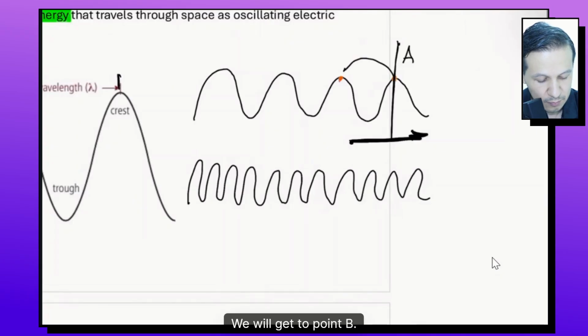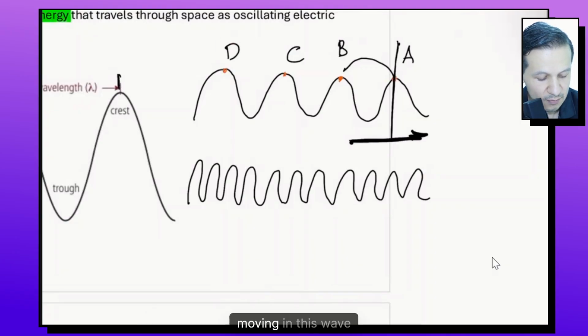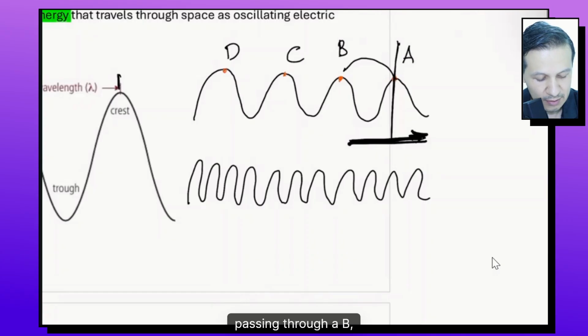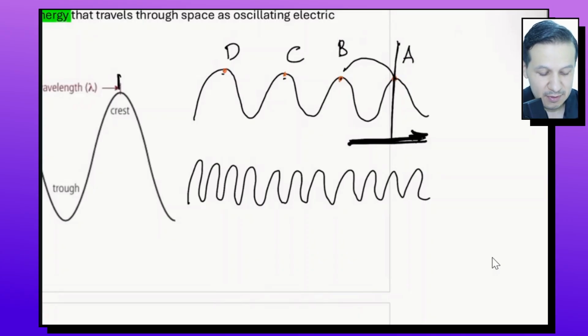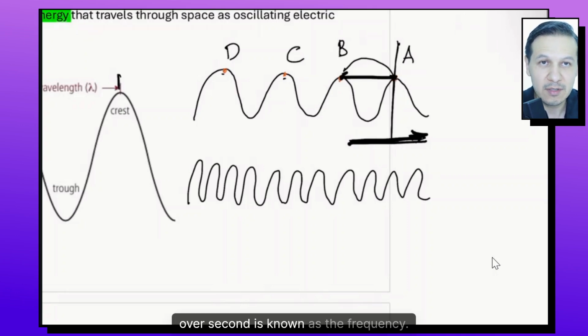We will get to point B, and then we go to point C, and then we go to point D. So you need to imagine that this wave is moving and passing through A, B, C, and D. The number of times that the whole wave travels over a second is known as the frequency.